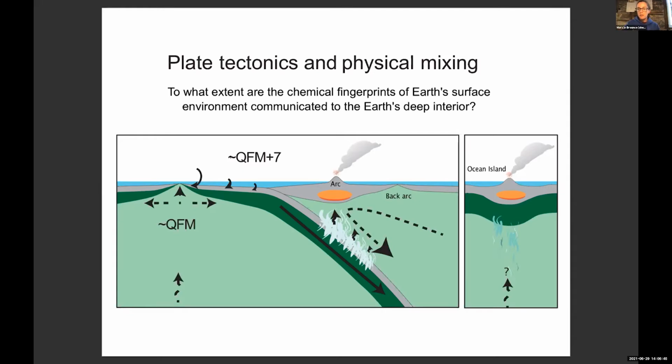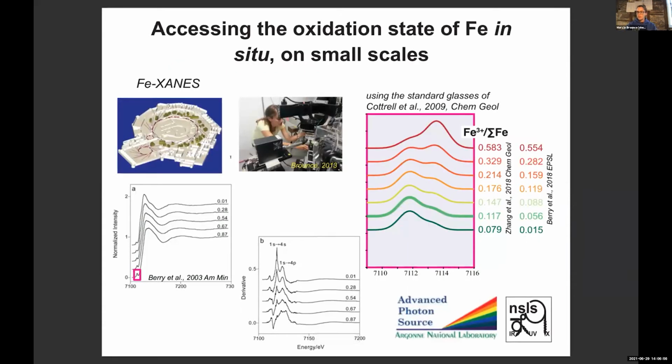That's an important thing in terms of constraining the impacts of plate tectonics on igneous petrology and the composition of the surface environment. Okay, and this is where synchrotrons become very important.